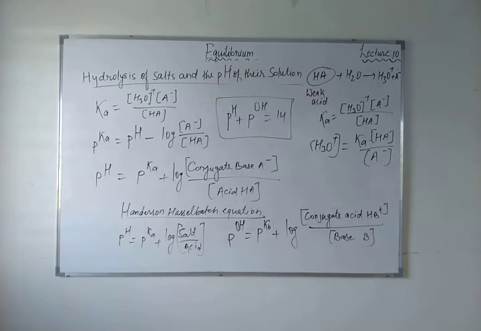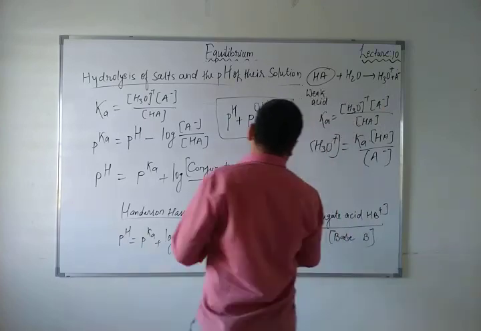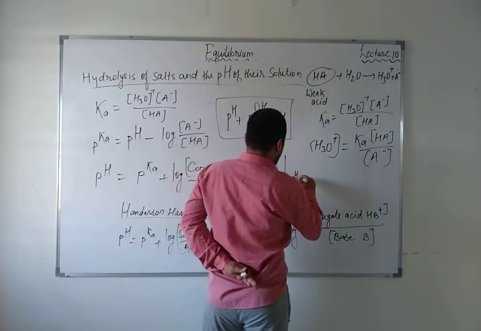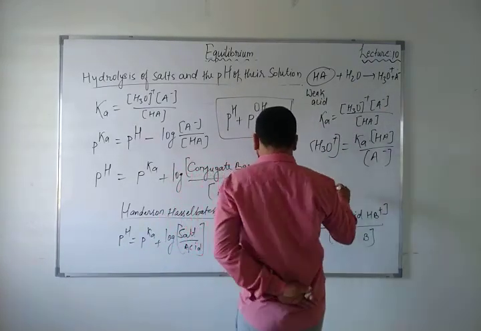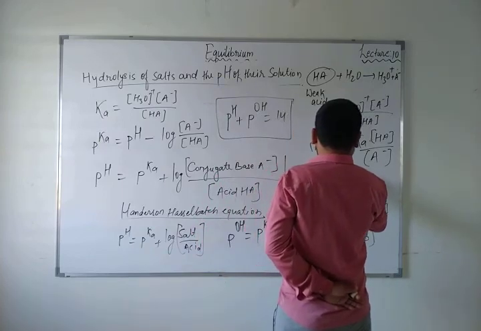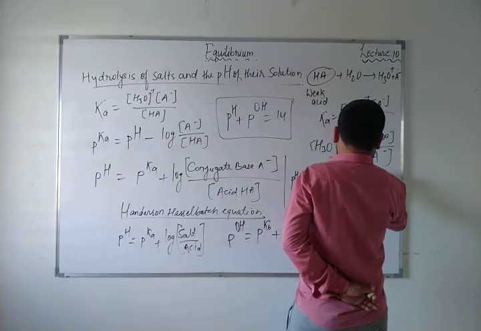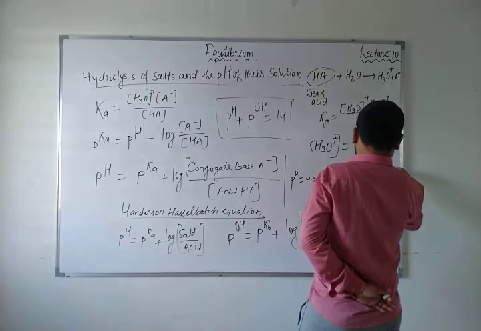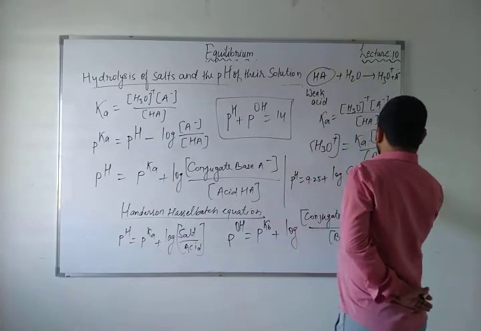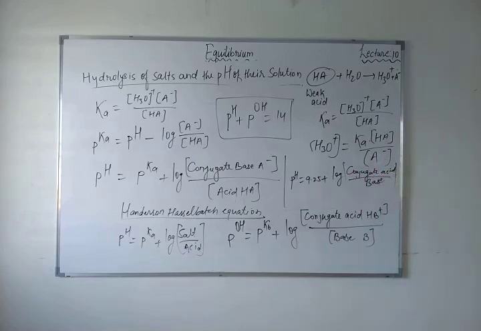So very easy, pH is equal to 9.25 plus log conjugate acid upon base, right? So you can understand, it's very easy.